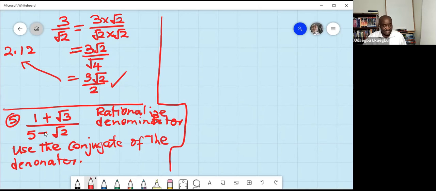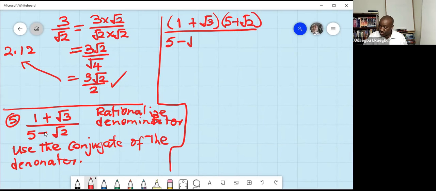So what that means is I would do 1 plus square root of 3 multiplied by 5 plus square root of 2, divided by 5 minus square root of 2 multiplied by 5 plus square root of 2.